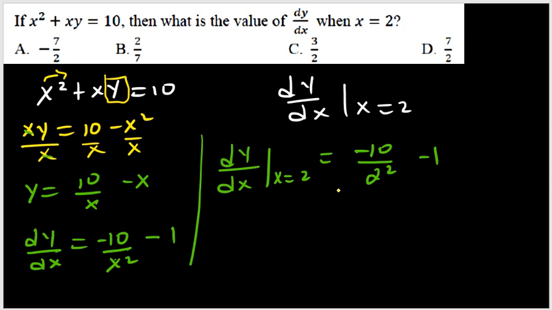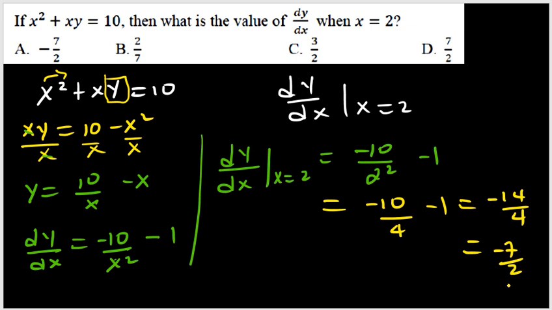That's going to be negative 10 over 4 minus 1, that will be negative 14 over 4. That is negative 7 over 2. We can simplify. So the answer is going to be A.